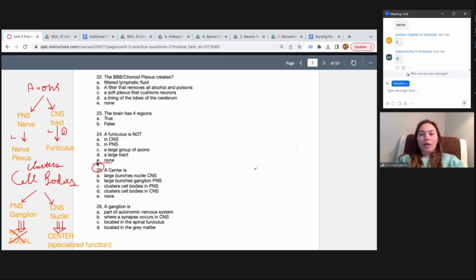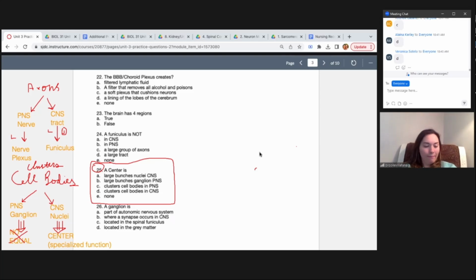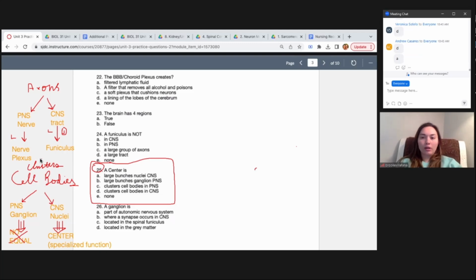Looking at what my diagram says, let's re-answer question 25 and see if we can get to the right answer. What would the correct answer to question 25 be? Clusters of cell bodies is going to be the nuclei.